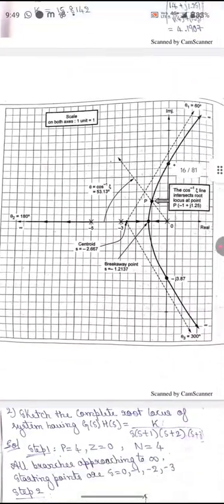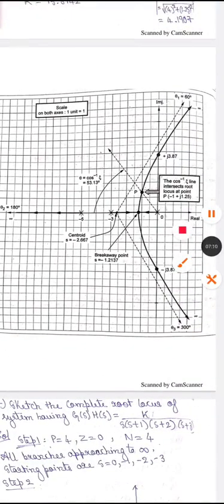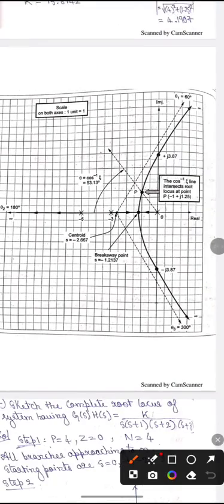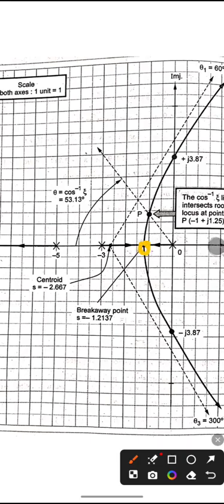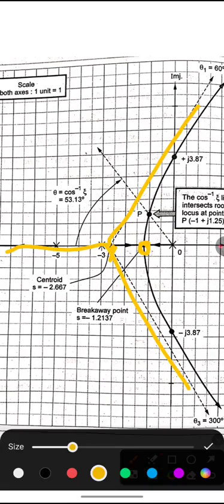After marking those values, next if you observe here, this is a breakaway point we need to mark. After marking the centroid, next we mark the asymptotes, that is theta 1, theta 2, theta 3. Then we mark the breakaway.